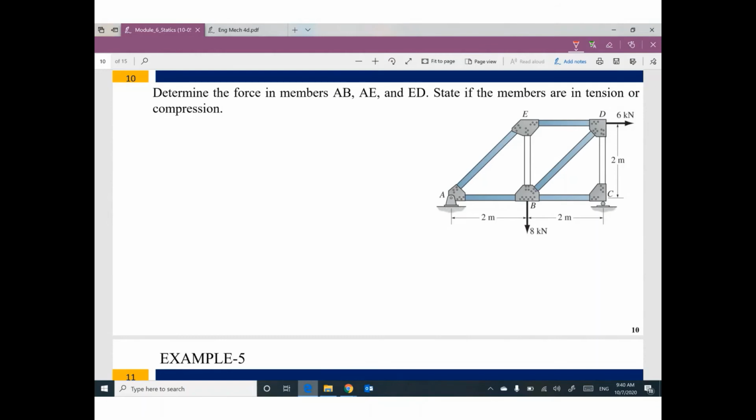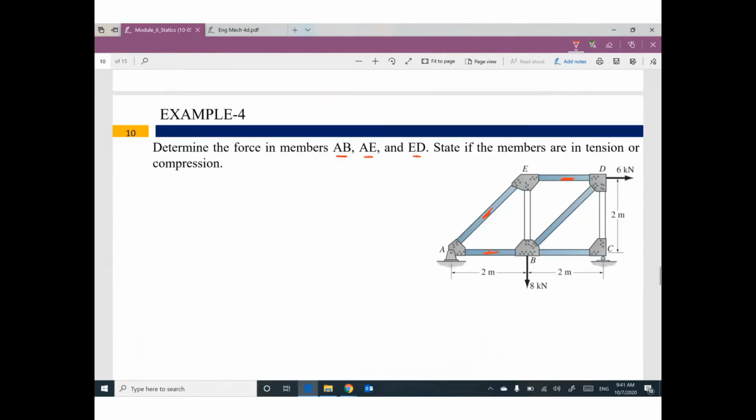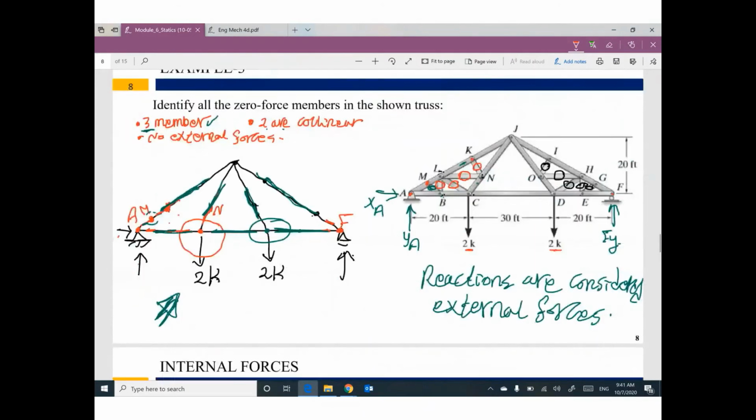So can you read here? Determine the force in members. We have specific members. We need to look at them only. AB, AE, ED. AB, AE, and ED. These members only. Can you go back to this problem? Can you make sure you read it carefully?